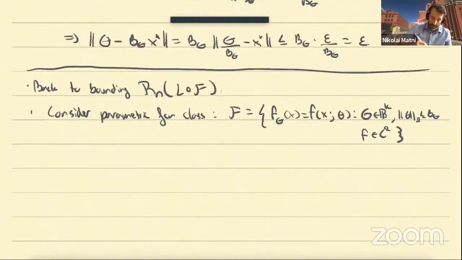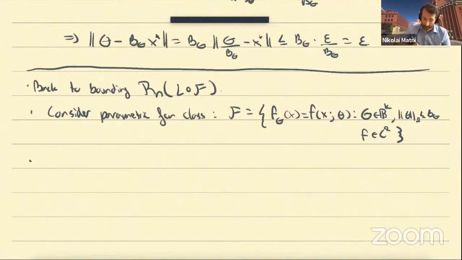Okay, so to be able to apply Dudley's entropy integral, our goal is to reduce the bounding of the covering number of L composed with F to some constants times the covering number of the Euclidean ball in k dimensions, because that we have an expression for.